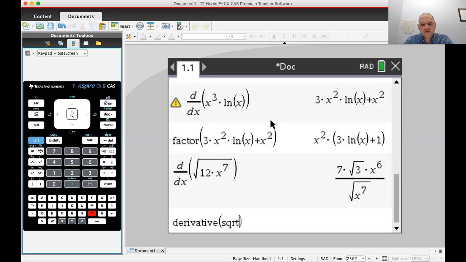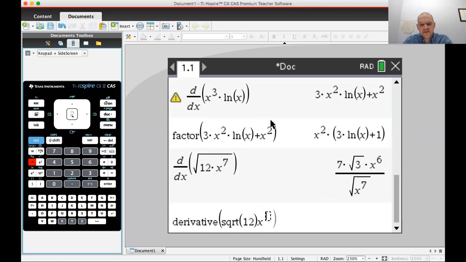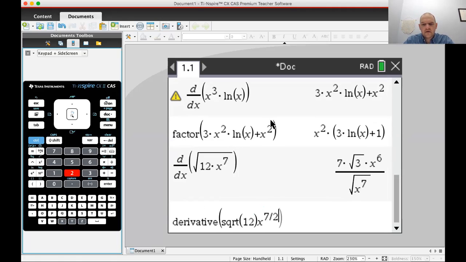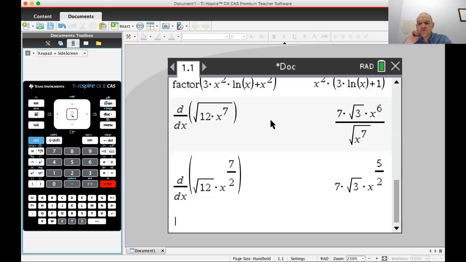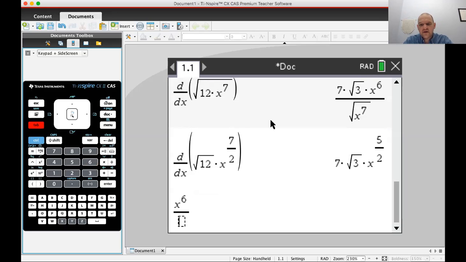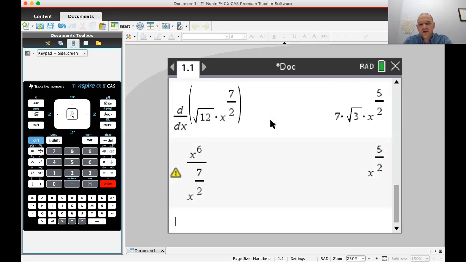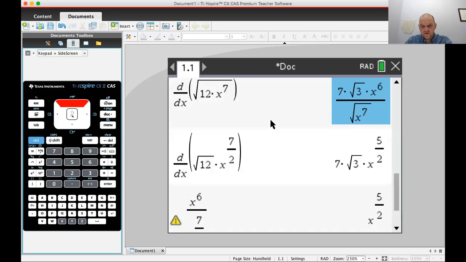What if I do the square root of 12 times x to the 7/2 with respect to x? Because that's what we actually did. Now, why are these the same? Well, x to the 6th divided by x to the 7/2 is x to the 5/2, provided x is not equal to 0. I don't know why the calculator shows that. That is crazy, not what I was expecting, but anyway, we got it right.